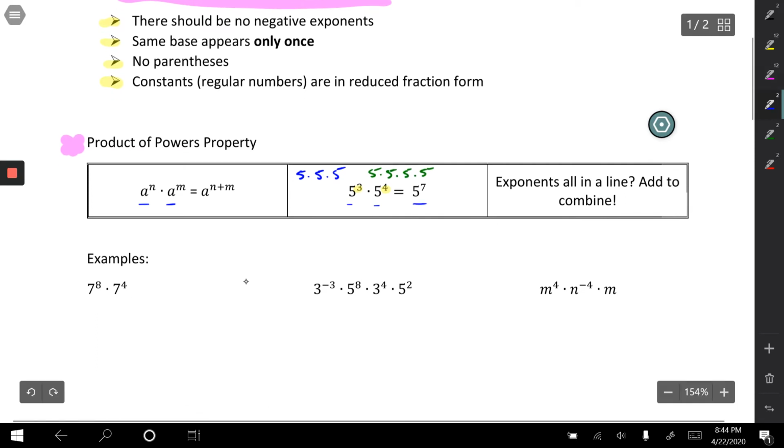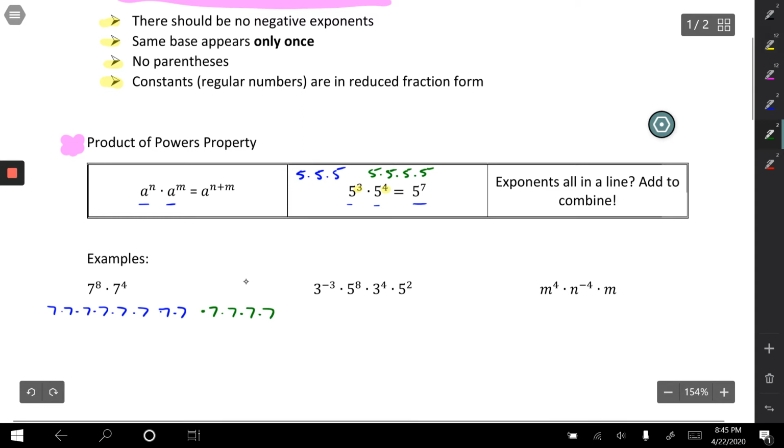So over here, I have 7 to the 8 and 7 to the 4th. If I wanted to go the long way and write this all out, I could write this first one as, oh my goodness, 7 times 7 times 7 times 7 times 7 times 7 times 7 times 7. There's 8 sevens. And then 7 times 7 times 7 times 7.